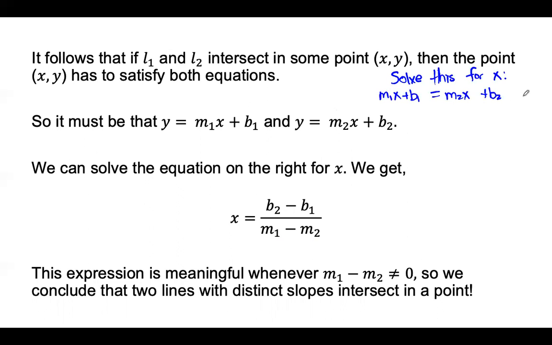Now, we can subtract b1 from both sides and isolate that x, like what we have previously been learning. So it has a theme here. Then we can, of course, move the M2 x to the other side, so it's the same as subtracting M2 x.